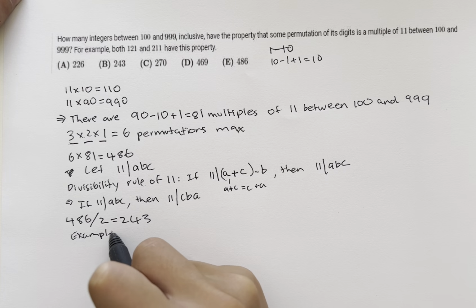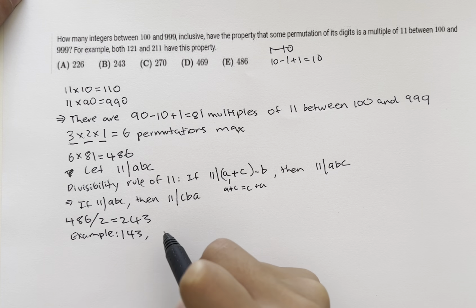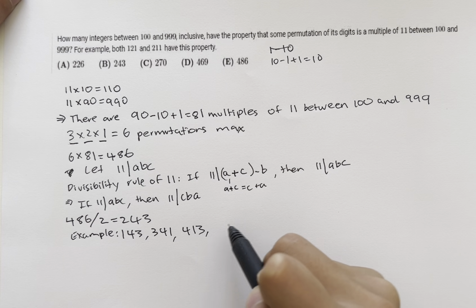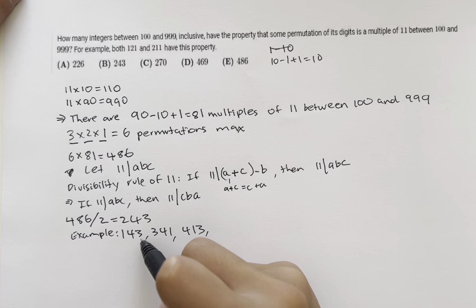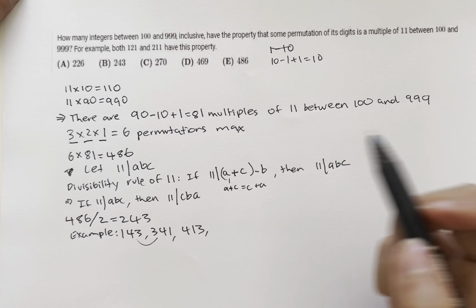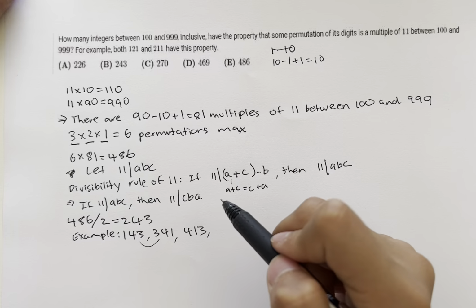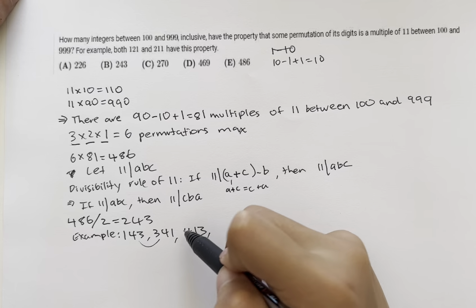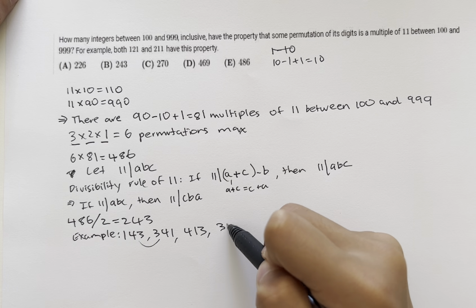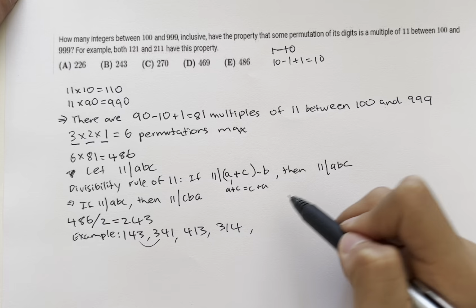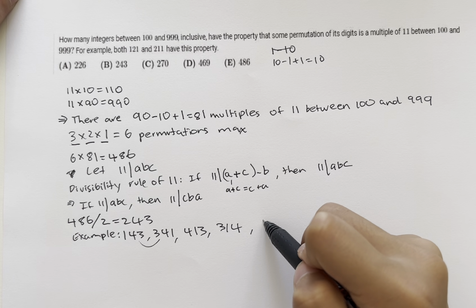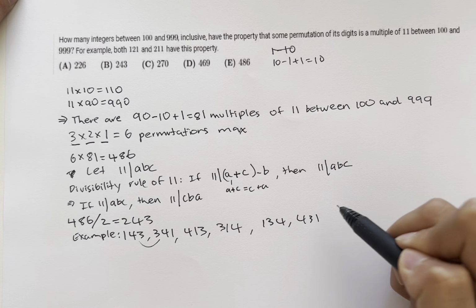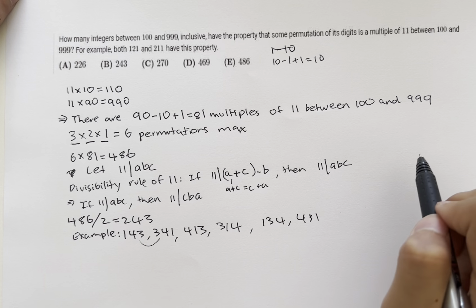The permutations of this can be 341, 413, 314, 134, and 431. So these are the 6 permutations of 143.